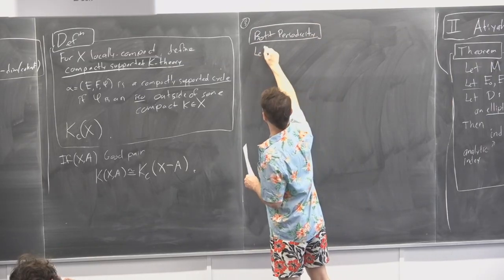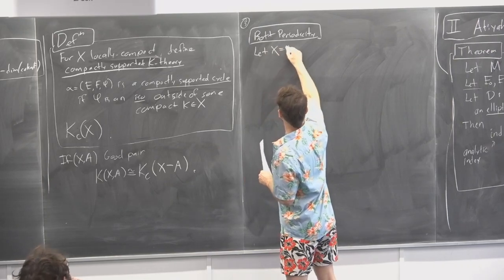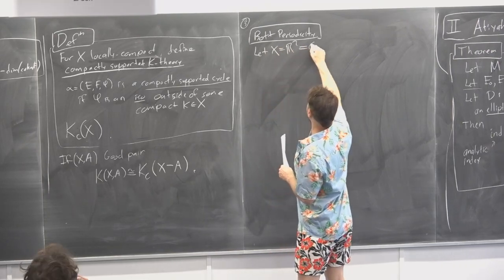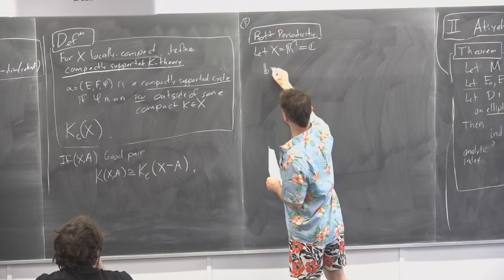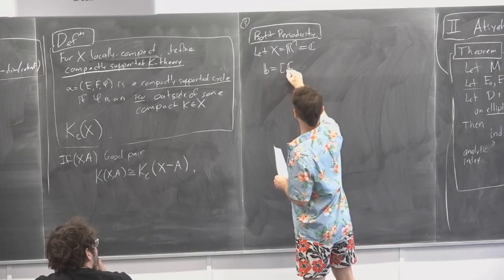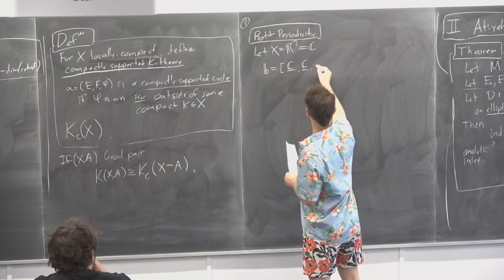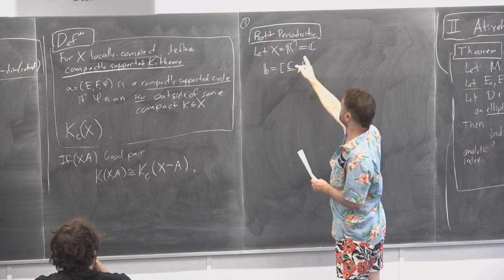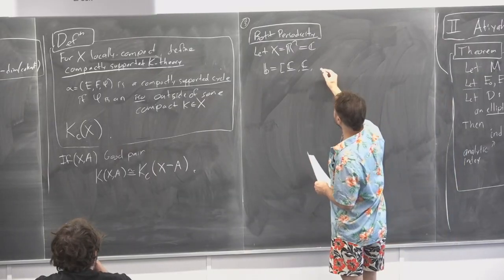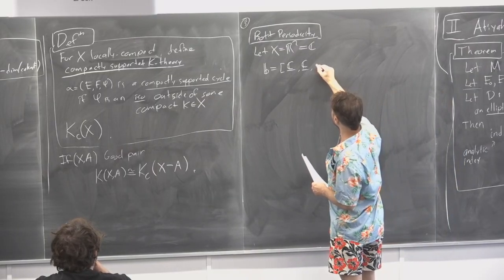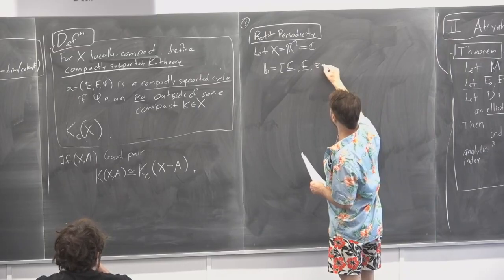So let X be R2, and let's identify it with the complex plane. And we're going to let B, surprise, be the cycle represented by, okay, we take two copies of the trivial C bundle over itself, and our action is going to be multiplication by the point that we're living over.